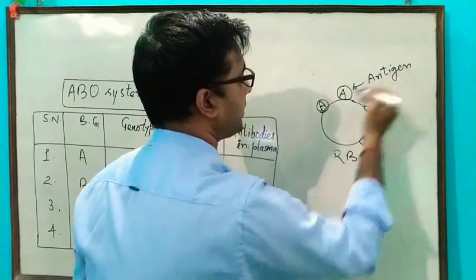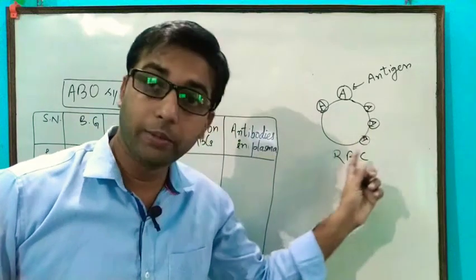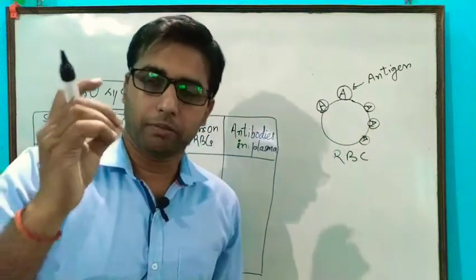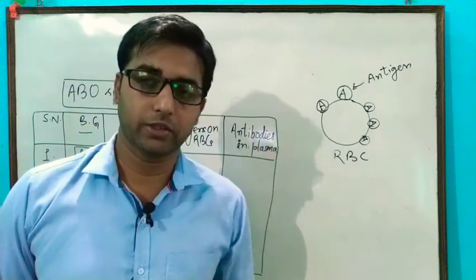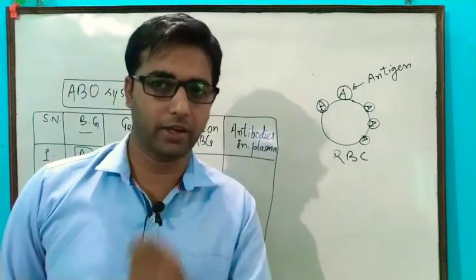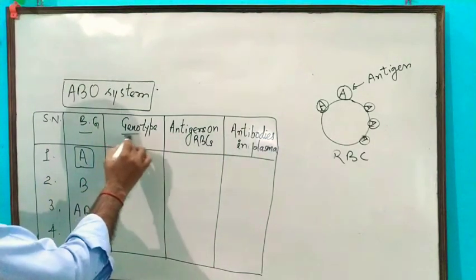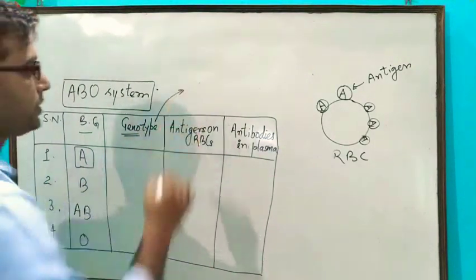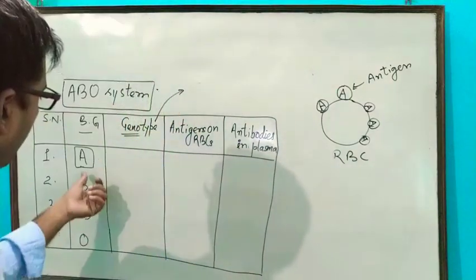So if A antigen is present on the surface of the RBC, the person's blood group is known as A. It simply means they have A antigen. Now another word is genotype. Genotype is the gene expression for a particular trait.